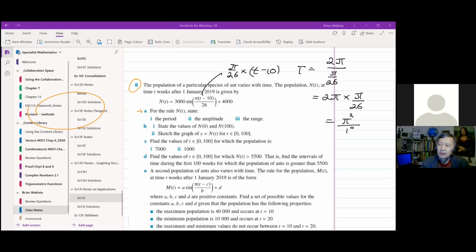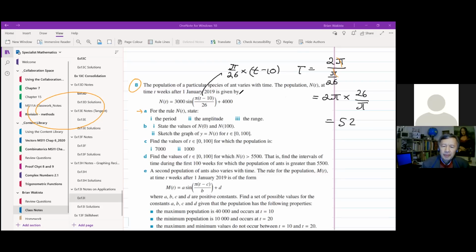Hang on, you've got a silly mistake here. Oh, I see what I did. Pi canceled, pi canceled, there's no pi. Which is 52. Yep.